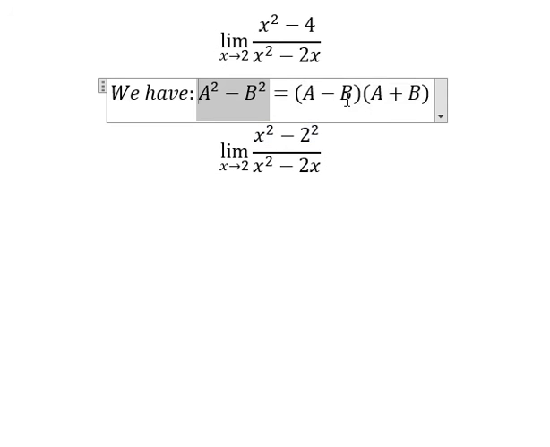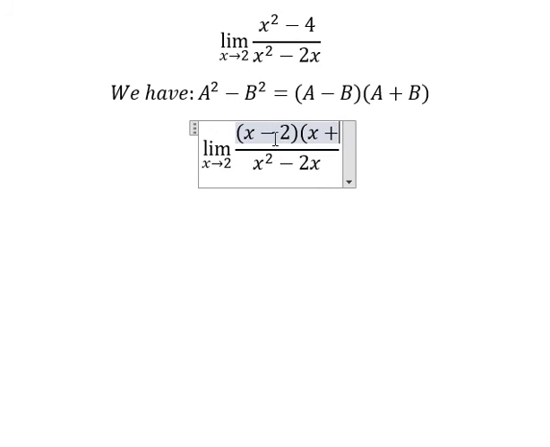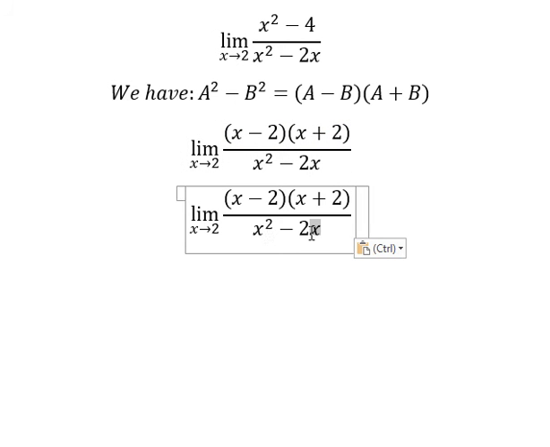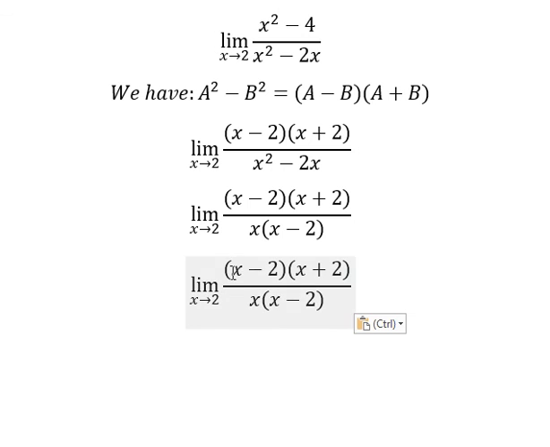So we apply the formula in here, and this one you get s minus 2, s plus 2. We have s and s, so we can do factorization. So we simplify s minus 2, s minus 2.